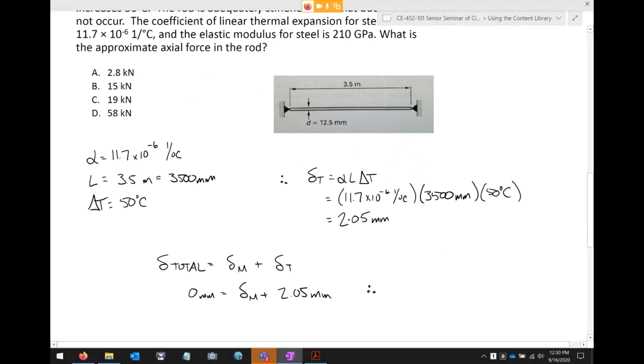So what's happening is the temperature wants to expand that bar by 2.05 millimeters. The wall is pushing back with some force. I don't know how much force it is, but that force would cause a displacement of negative 2.05 millimeters, or 2.05 millimeters in compression.